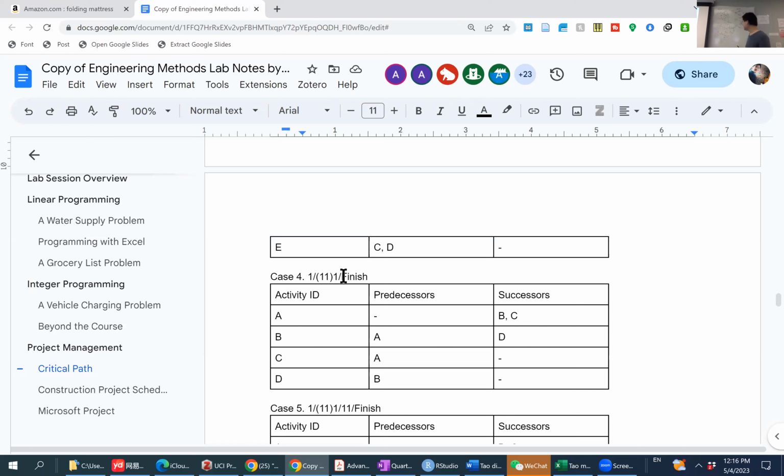Well, we don't need that because we can directly point this one to the node beneath. So that should be the AOA way because we don't need a dummy node at all. In this way, D happens after B, right? And C happens in parallel, so they both end up with this finishing node.